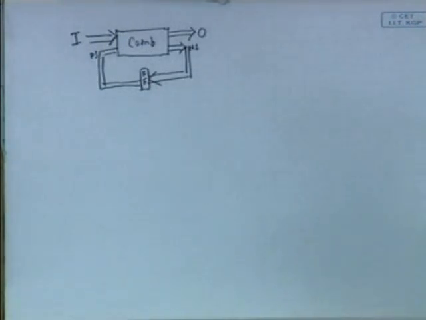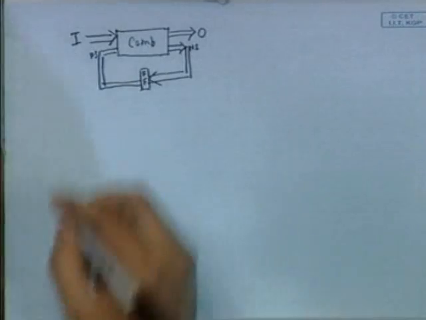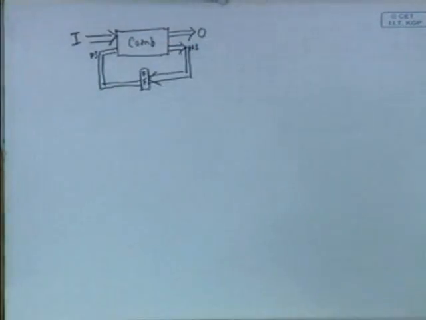Now, I will show you what is the need for sequential logic minimization. Suppose you have a state machine, you can have a number of states which are equivalent. Before that, I will define what is called equivalent.